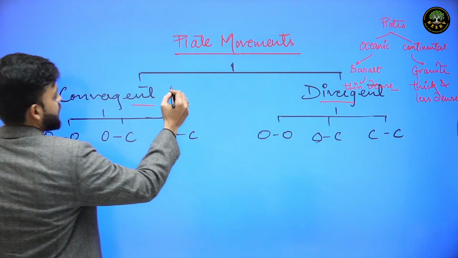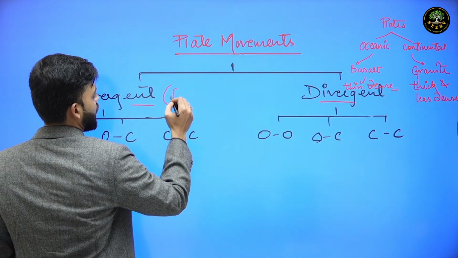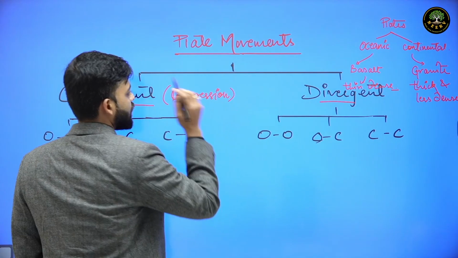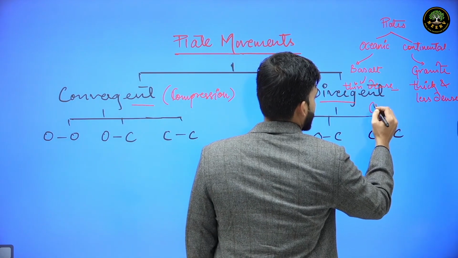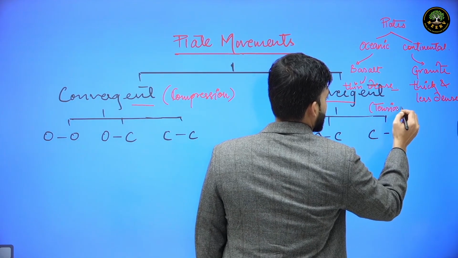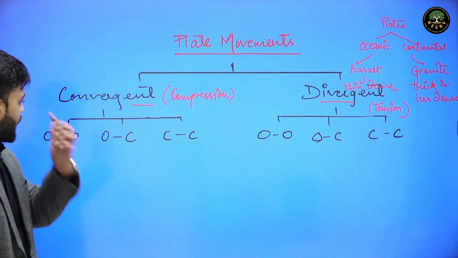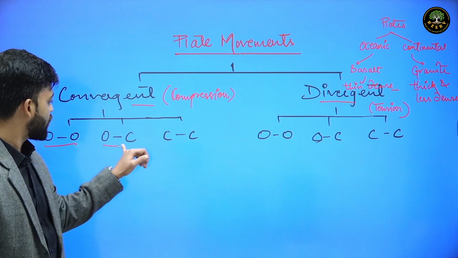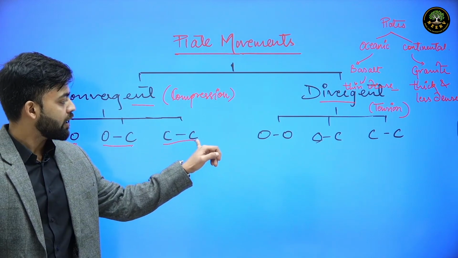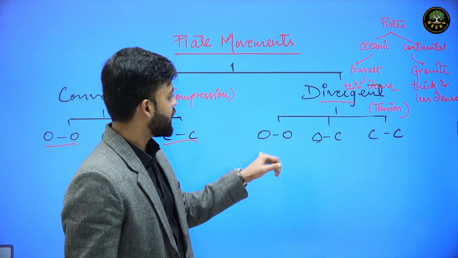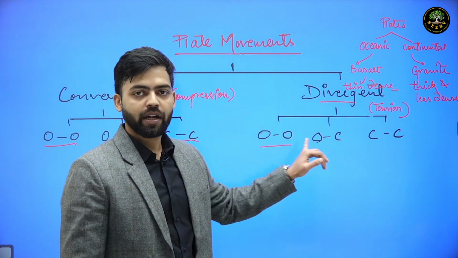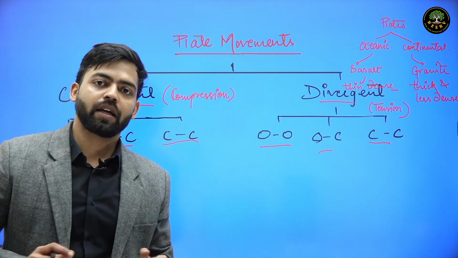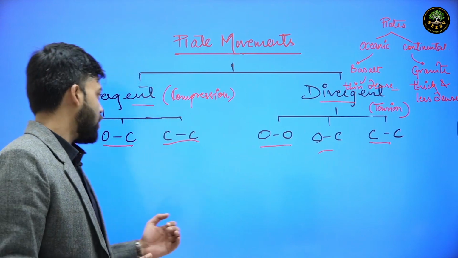So convergence occurs because of compressional force. The plates are coming towards each other, and divergence is because of tensional force. This gives rise to different kinds of plate boundaries like oceanic, oceanic-continental, and continental. Similarly, in divergent plate boundaries also there are oceanic, oceanic-continental and continental. These convergence and divergence give rise to different kinds of landforms.